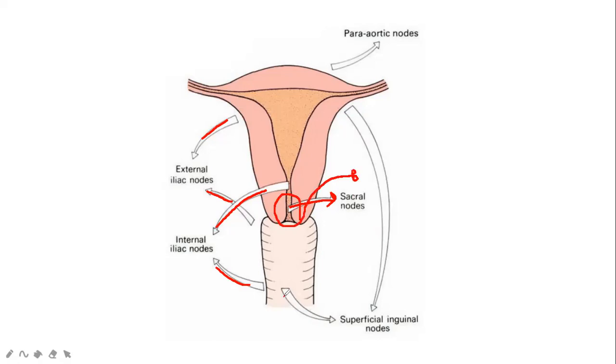And then we have the superficial inguinal nodes, coming with the round ligament of the uterus, and the para-aortic nodes, because of the anastomosis between the blood supply of the ovary. The ovarian artery comes there and anastomoses with the uterine artery, and both of them supply the uterus as well as the fallopian tube.